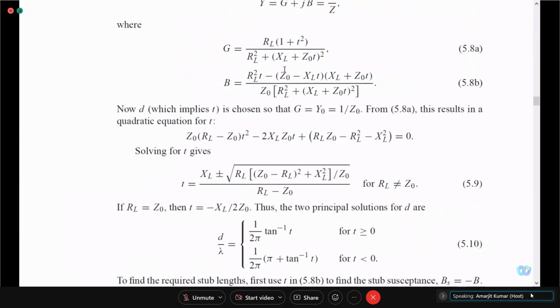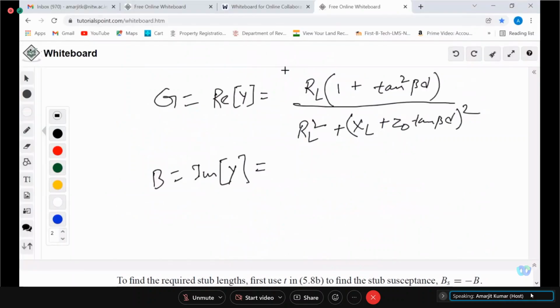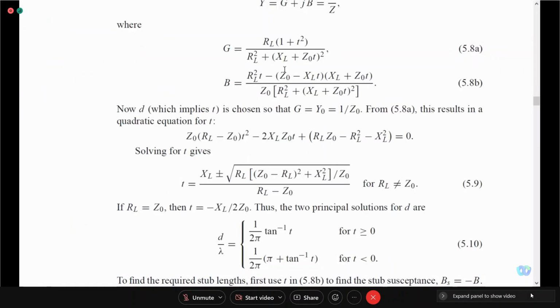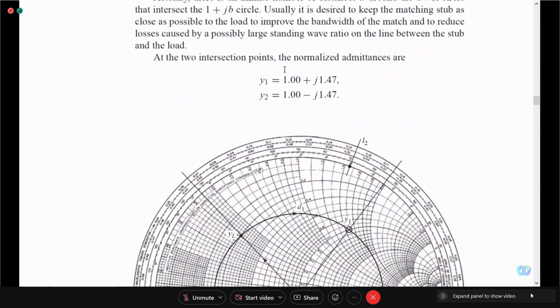So now what is desired? Basically G and B we can calculate.